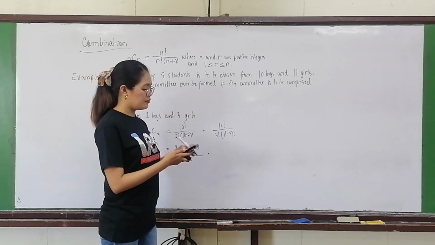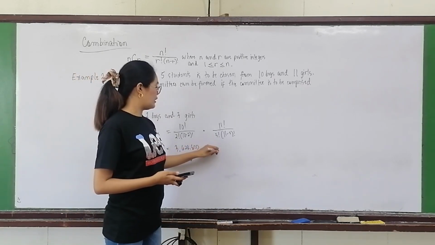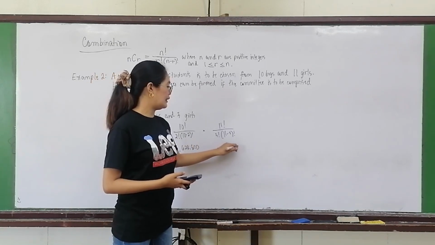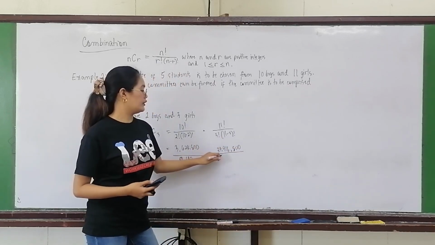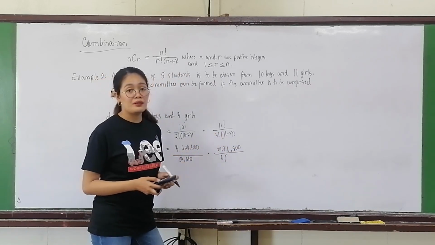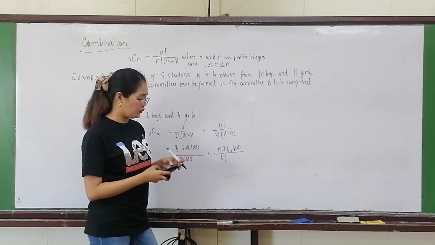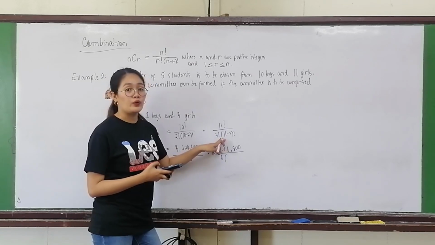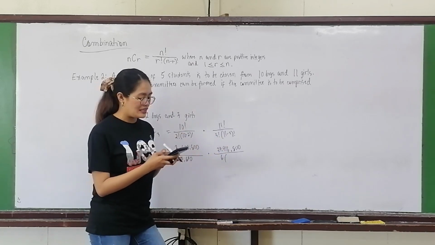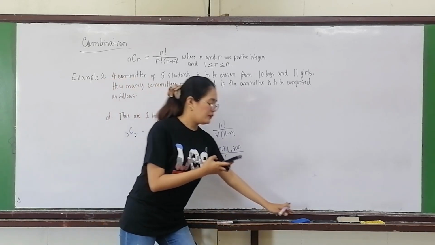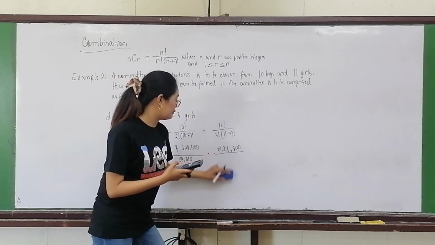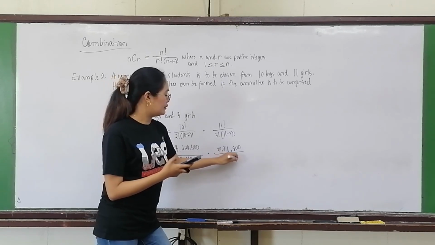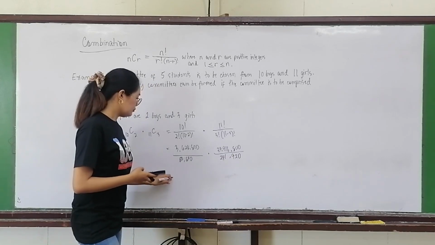Times 11 factorial, which is 39,916,800, over 3 factorial, that is 6, times 11 minus 3 factorial, which is 8 factorial, 40,320. Multiplied by 6, we get 241,920.